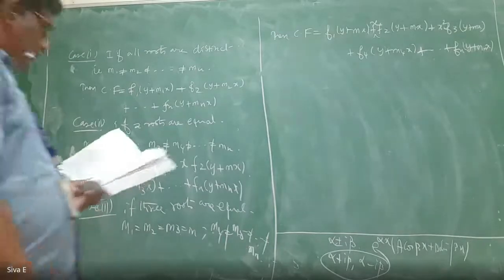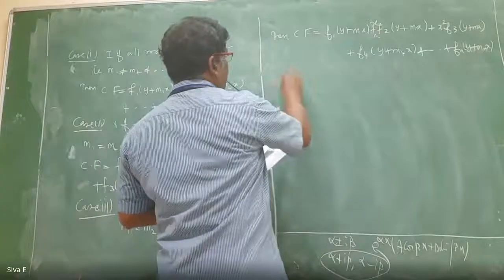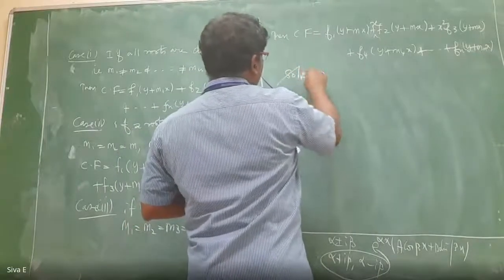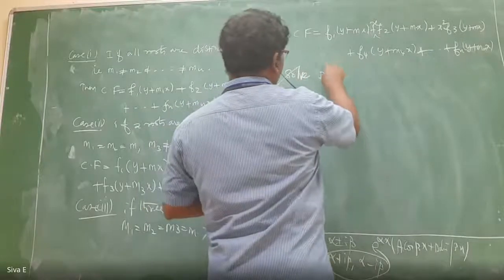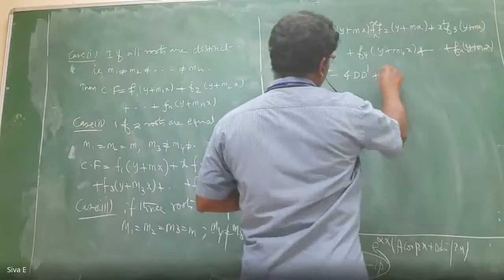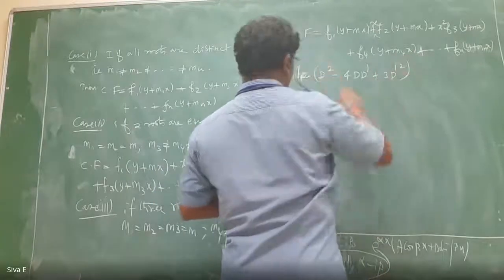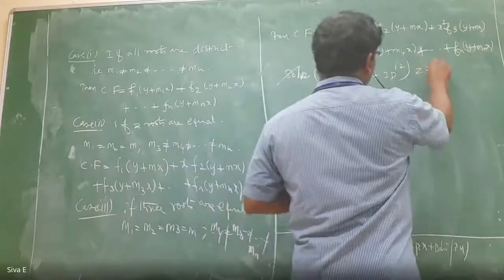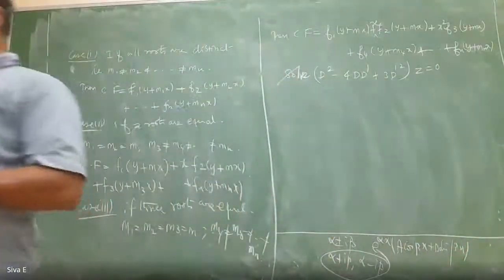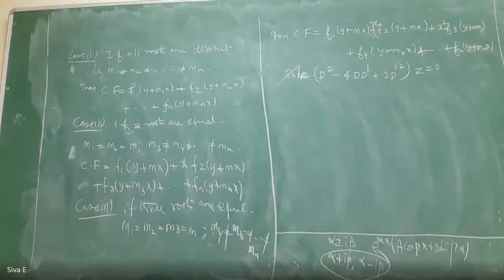Solve. Write the problem. Solve D square minus 4 D D dash plus 3 D dash square into z equal to 0.